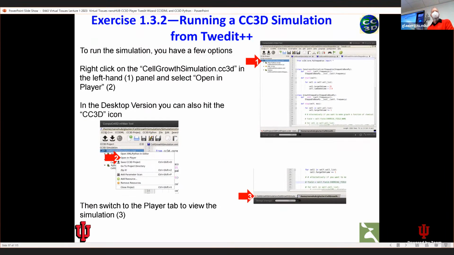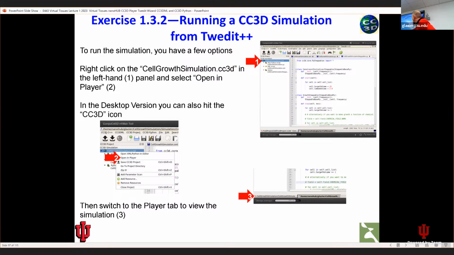Okay, if I want to run the simulation, I can right-click on the simulation tab here, and that will give me an option that says open in player. I can also pull down the CC3D project menu, and there's an open in player option.